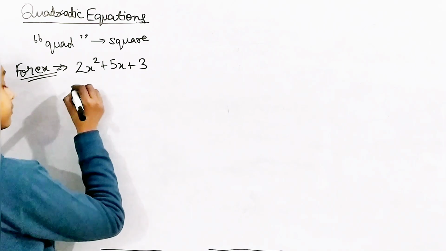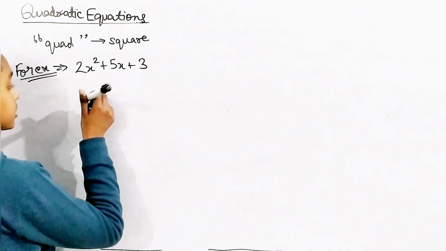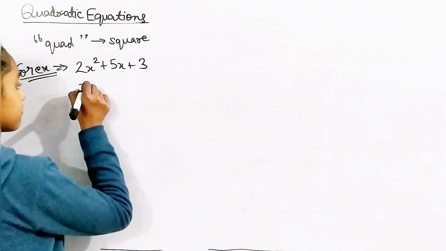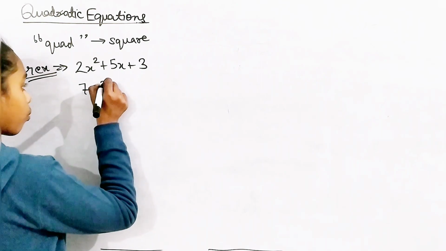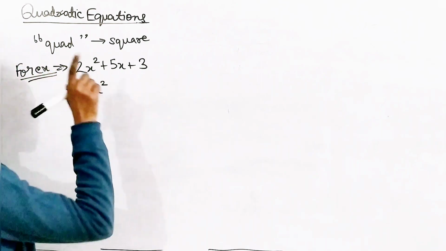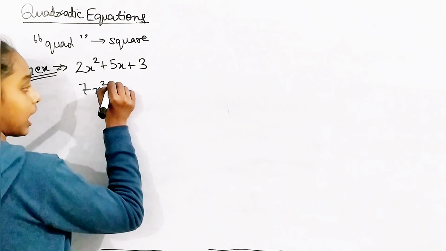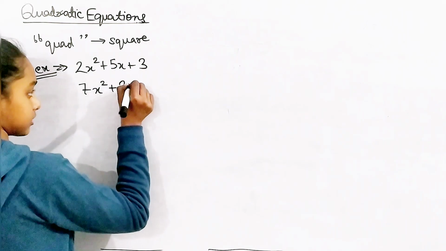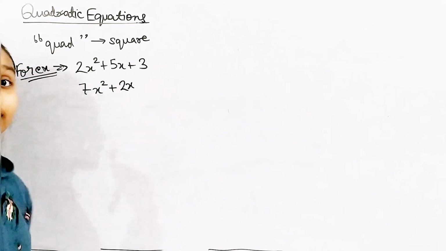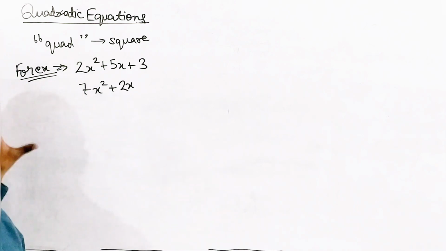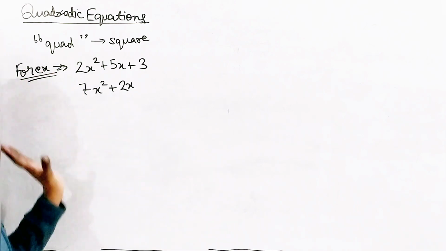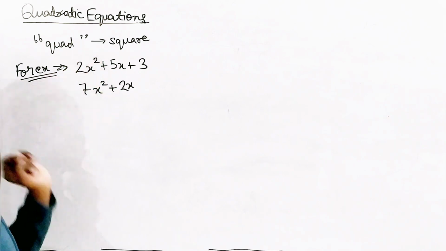Let's take another one: 7x squared plus 2x. This is also a quadratic equation. We've got these things related to squaring.